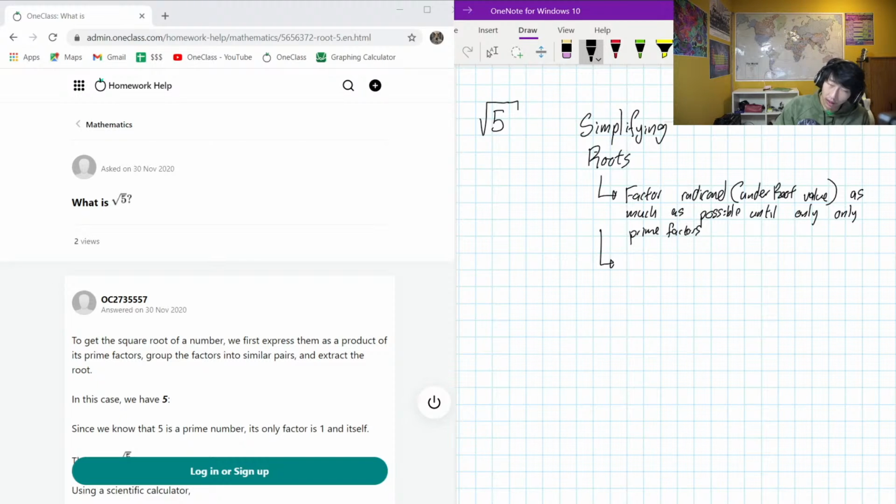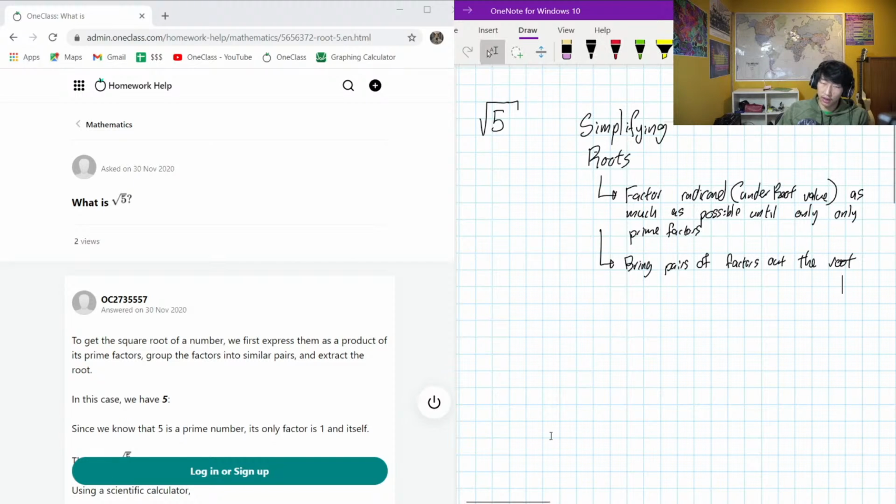And then bring the pairs of factors out of the root. Okay, so this is our general procedure for trying to simplify roots.